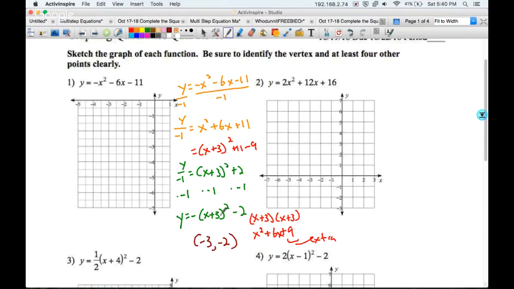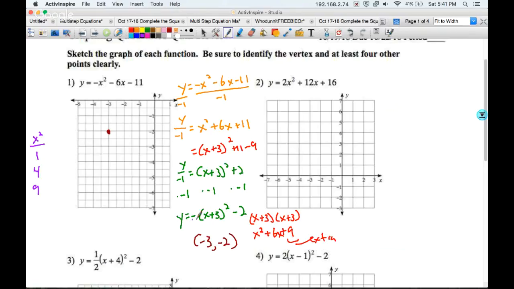Always remember to flip the sign of the number we see here when we get the x value of the vertex, but we keep the sign for the y value, just the way that it is, just something you got to memorize. All right, so -3, -2 is this point right here. Now, the parent function, x squared, normally goes up by 1, 4, 9.